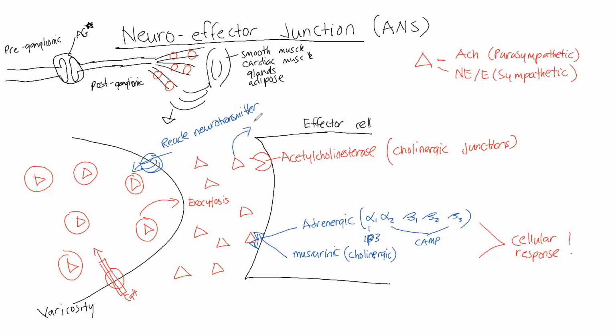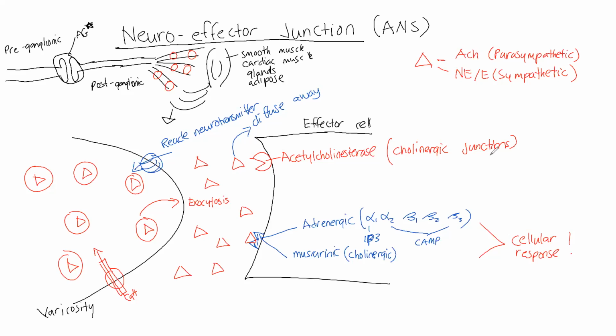But this can also just diffuse away, right? We talked about some of those options earlier. In the case of norepinephrine, it will always diffuse away because there's no enzymes such as acetylcholinesterase, there's no synonymous enzyme that breaks down norepinephrine or epinephrine, and so it always has to just diffuse away from the junction in order to clear the junction.